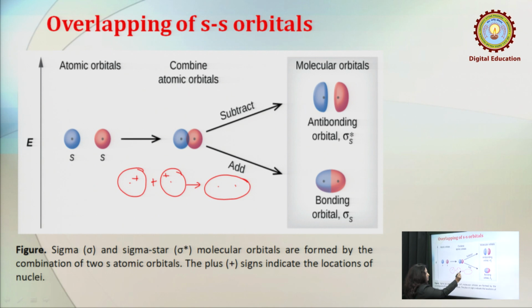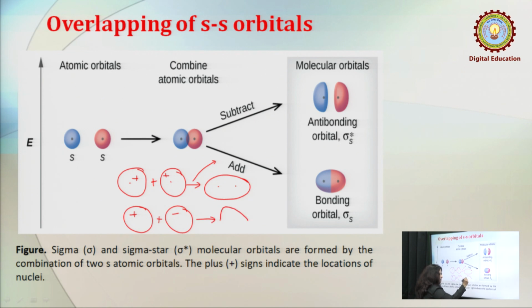This is combination by addition. However, when both the overlapping atomic orbitals are not in the same phase, that is, one is having plus and the other is having minus, the atomic orbitals are in opposite phases. Now, what happens here?